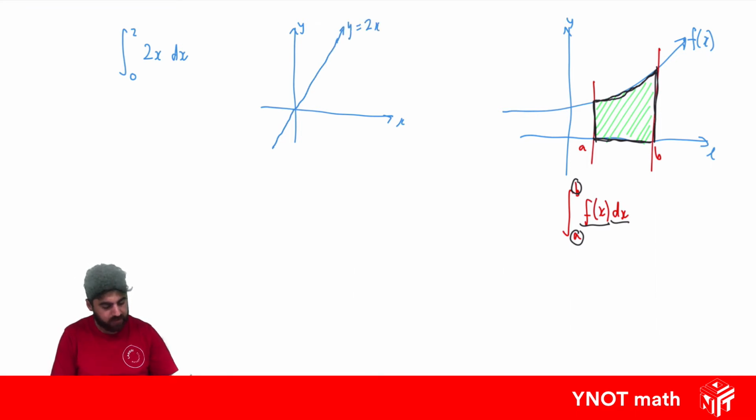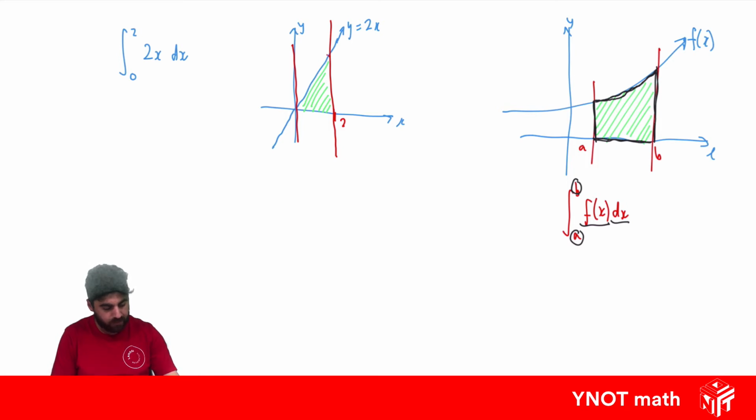And we've got the bounds x equals 0 and x equals 2. Well, x equals 0 is the y-axis. x equals 2 is just a vertical line going through 2. And dx, remember, we can think about as the x-axis. So the area bound between there is just the area of this triangle.